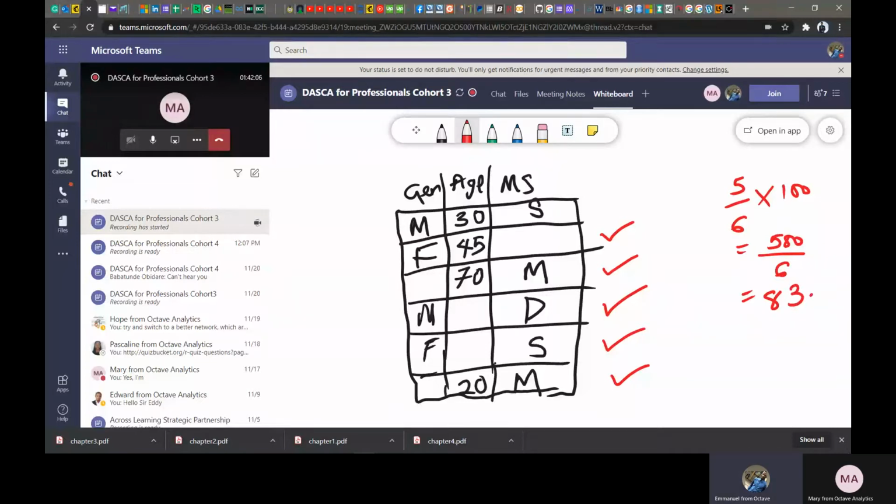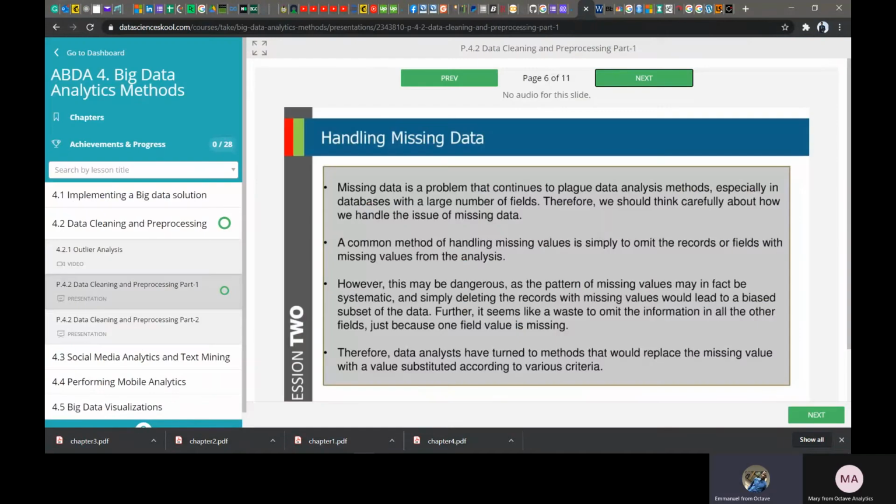That is very costly. You just omitted the majority of your records, and that's going to cost you a lot. So that is why it is not advisable to omit records with missing values. Let's continue before I come back to that.